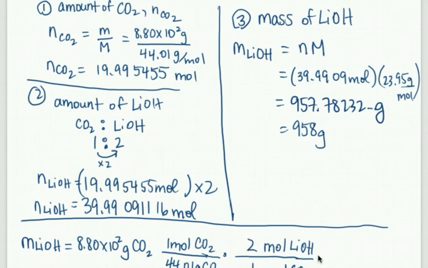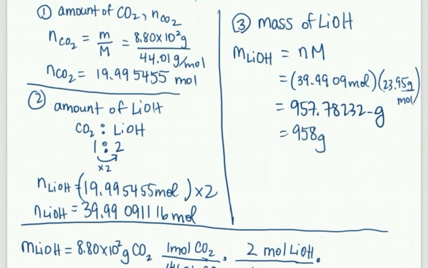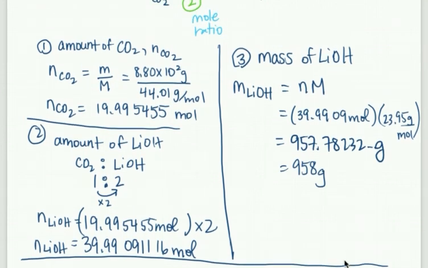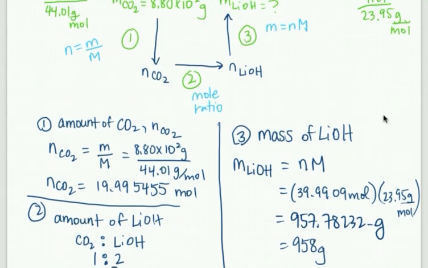Okay, so that's step 2 of the box. Now the last part of the box, we want to get to mass, so we're going to multiply by the molar mass of lithium hydroxide.